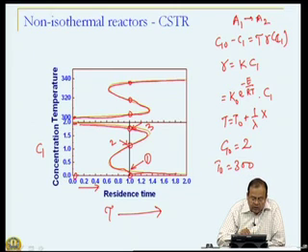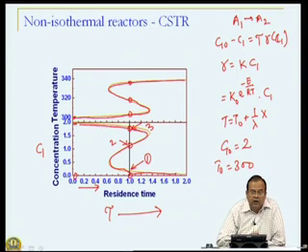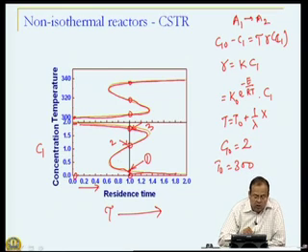What are their characteristics? Let us start with 3. Number 3 for example, the inlet concentration and the reactor exit concentration are almost close to each other, that means hardly any reaction has taken place. In case of 1, the exit concentration is significantly lower compared to inlet concentration. So, a lot of reaction has taken place.